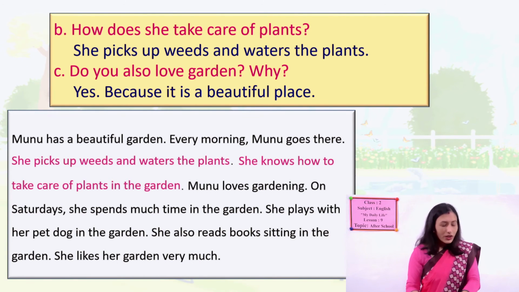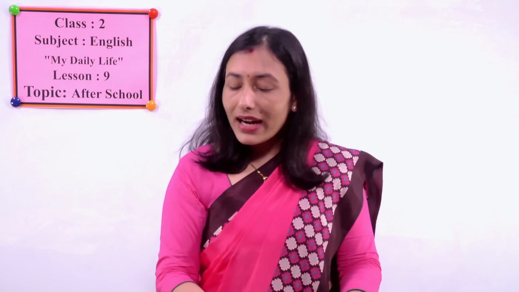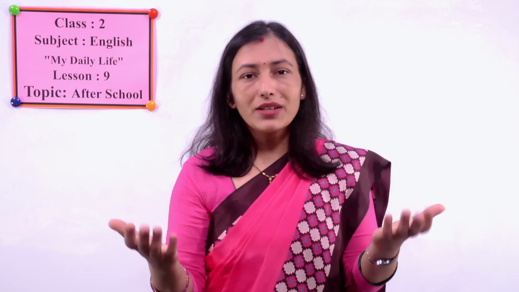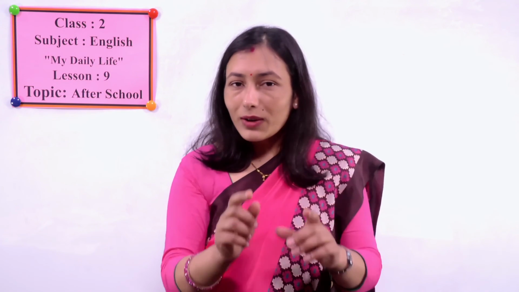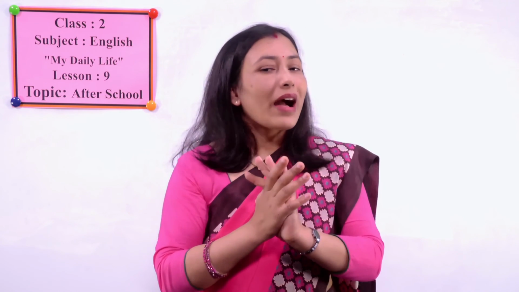Now we are going to do one more activity, that is a writing activity. Now we are going to write about our garden. We have read about Munu's garden. Now we are going to write about our garden. First of all, look at my garden. First, how is your garden?